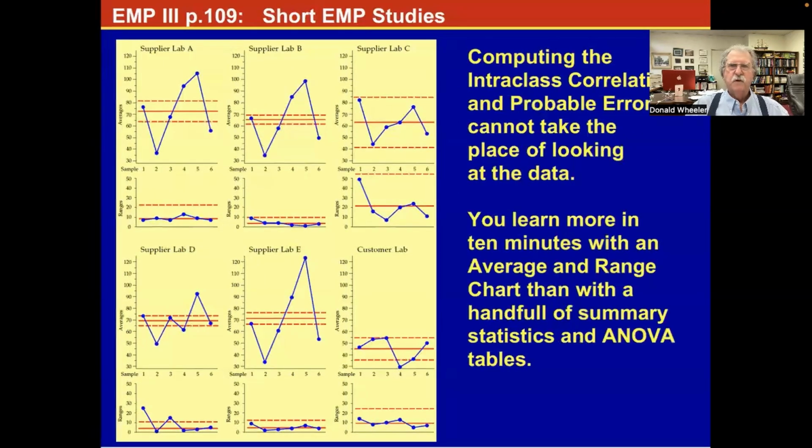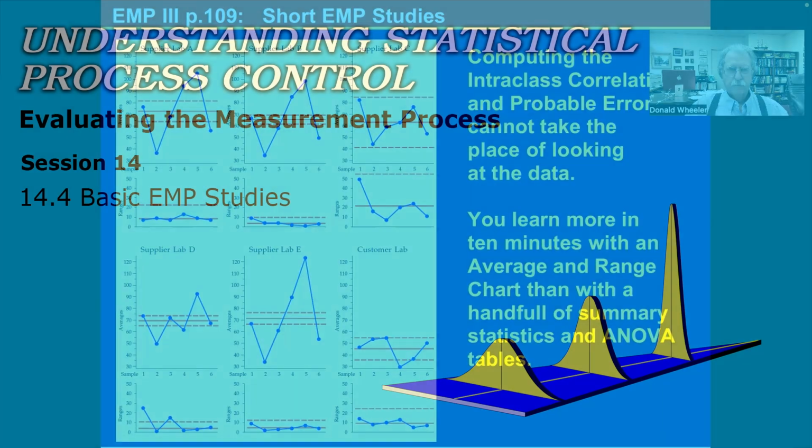Computing the intra-class correlation and the probable error cannot take the place of looking at the data. You learn more in 10 minutes with an average and range chart than with a handful of summary statistics in ANOVA tables. And that's not just my opinion, that's what my students keep telling me.